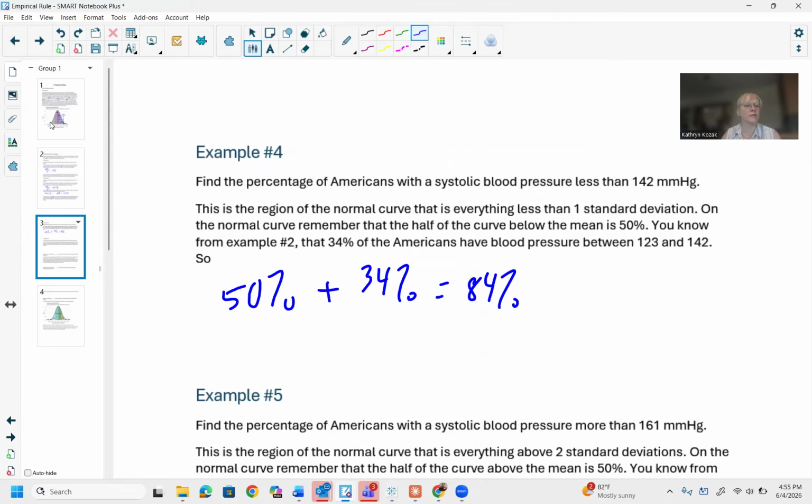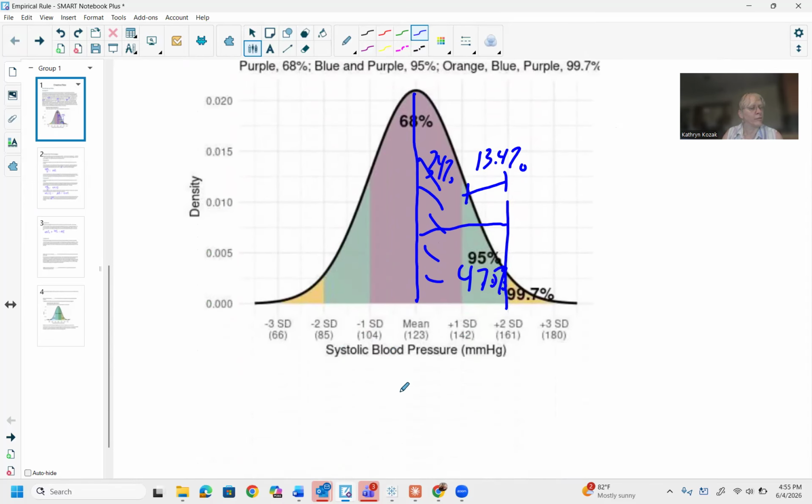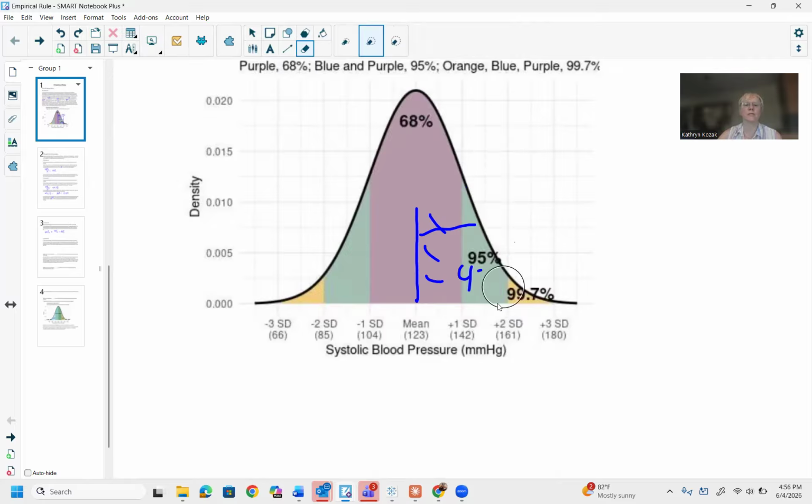Back at our normal curve, we're looking at 142, from 142 down.